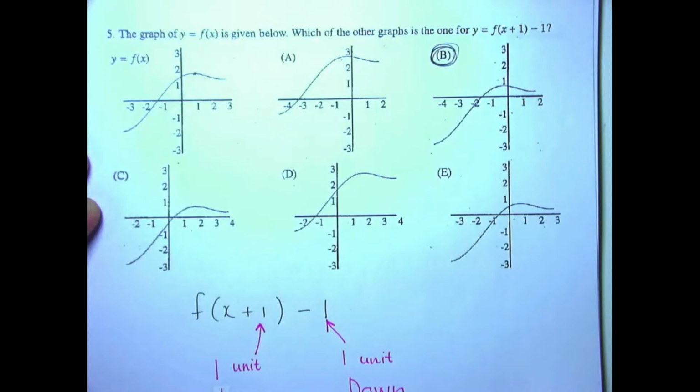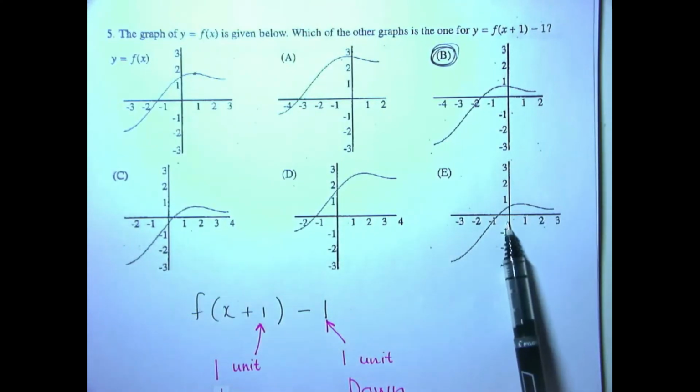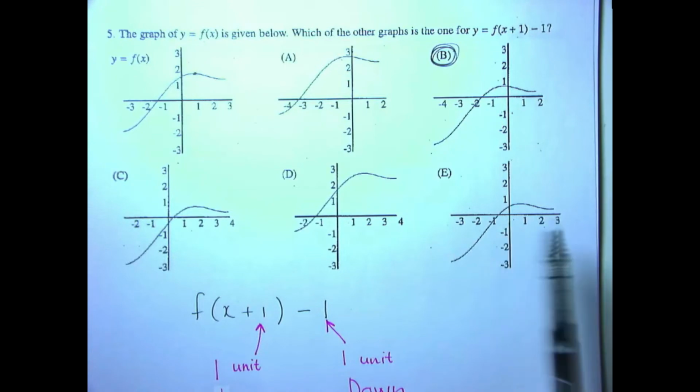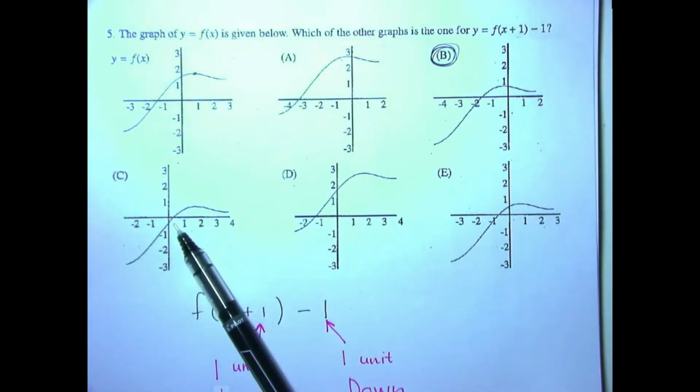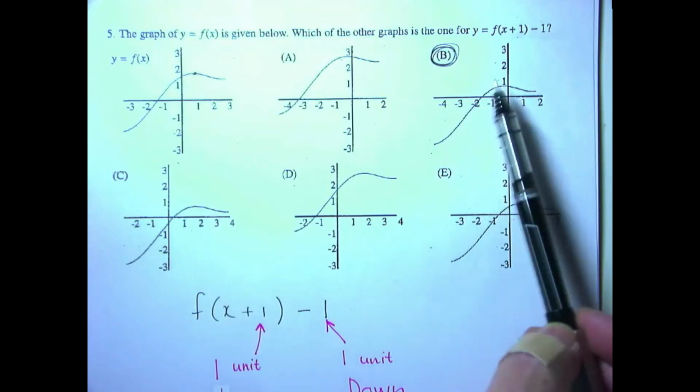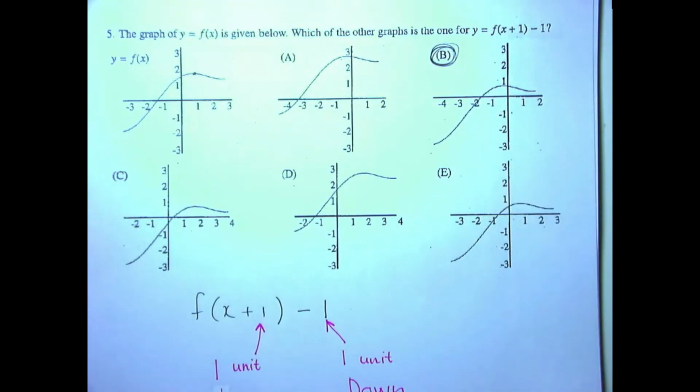It looks to be B. It looks like E has only been moved 1 unit down. This guy's been moved up, this guy's been moved up, this guy's been moved down, but to the right. So I'm going to go with B as my answer. All right. I'm going to go with B.